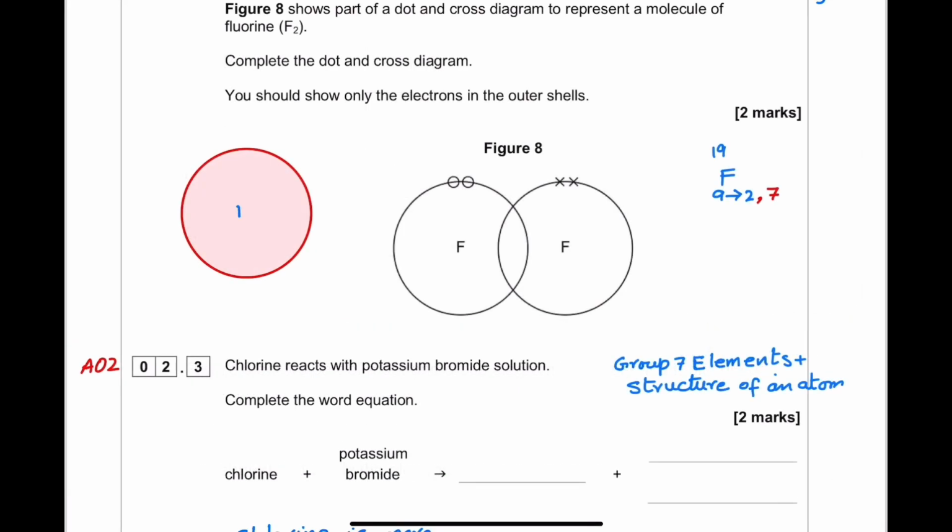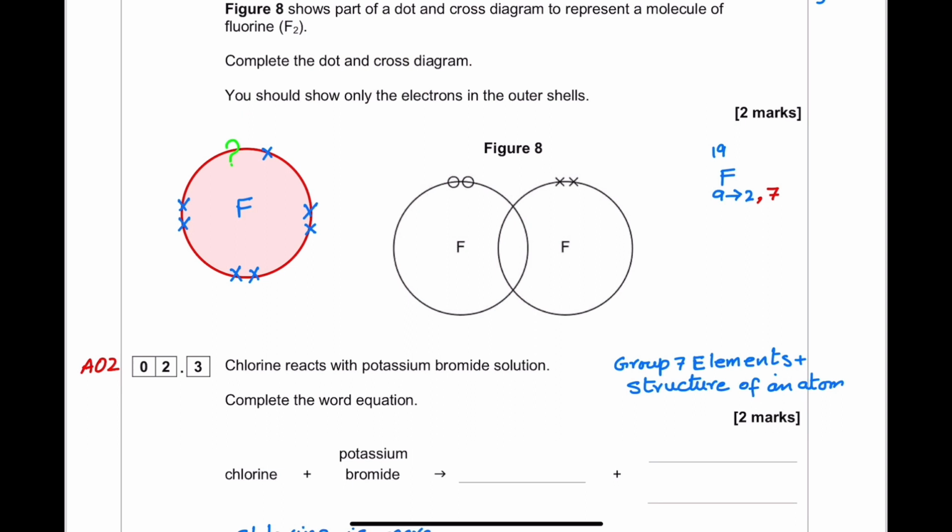Fluorine has 7 electrons: 1, 2, 3, 4, 5, 6, and 7. It needs one more electron to make 8, so it will become stable like noble gases.